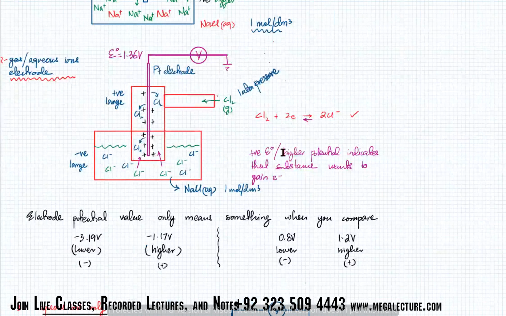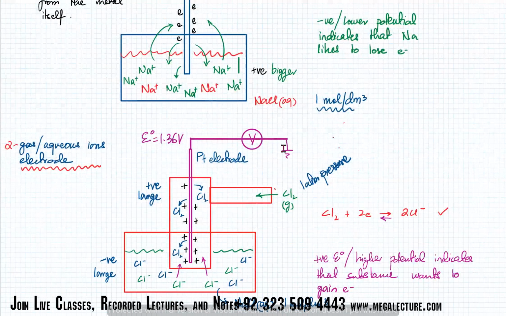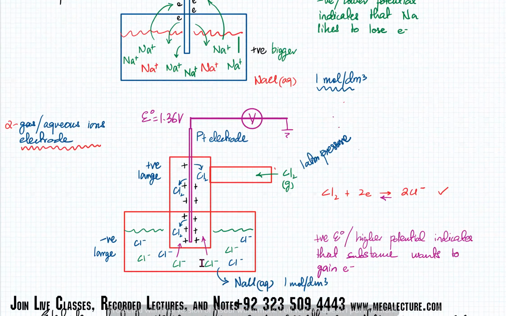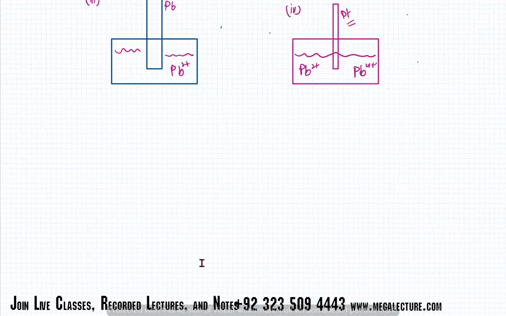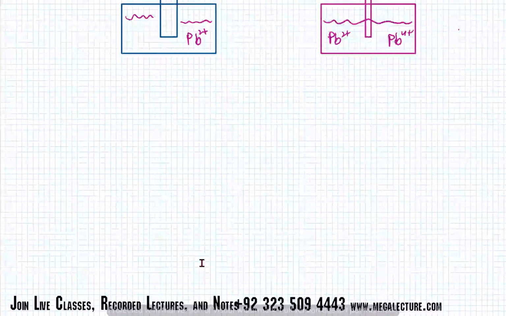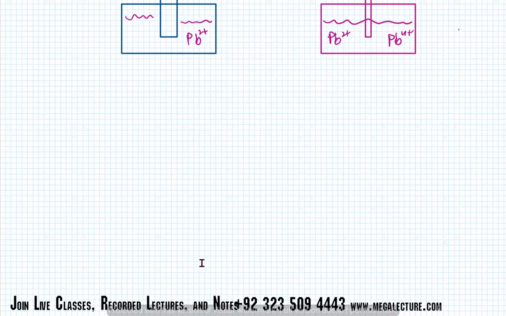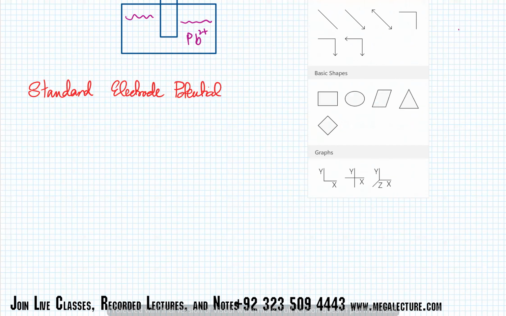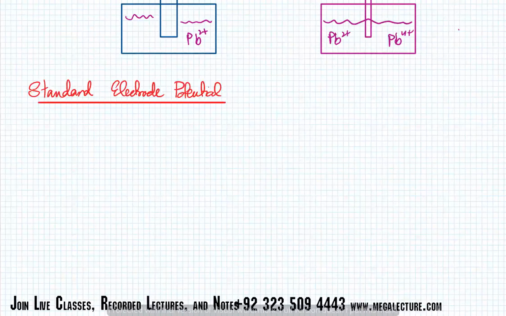So this thing over here, this earth, that's basically an electrode. And all electrodes, when you have to measure standard electrode potentials, they're measured using a standard hydrogen electrode. So let me define this. It's the same concept, nothing new. So they're going to ask you the definition of the standard electrode potential. This is going to come as a definition.